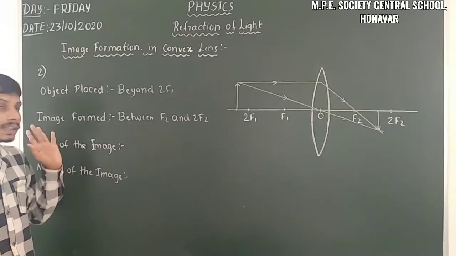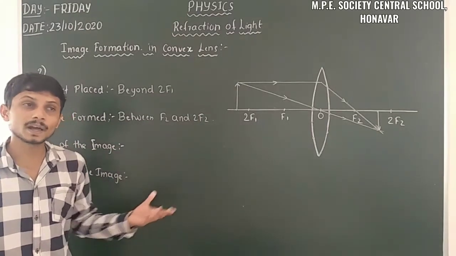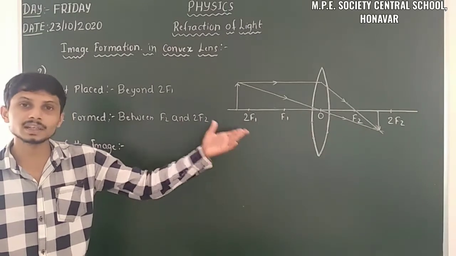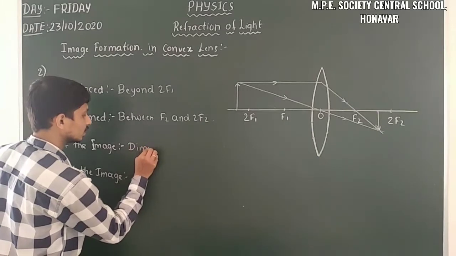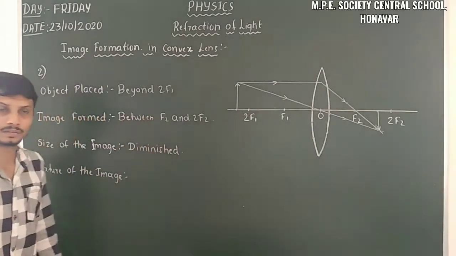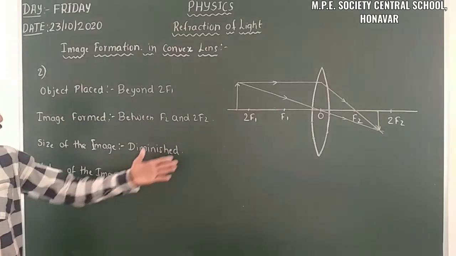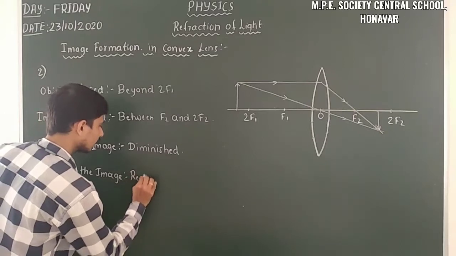Then what is the size of the image? Here we have to compare the size of the image and the size of the object. That means it is diminished. A diminished image is formed here. And then what is the nature of the image? It is real and inverted.